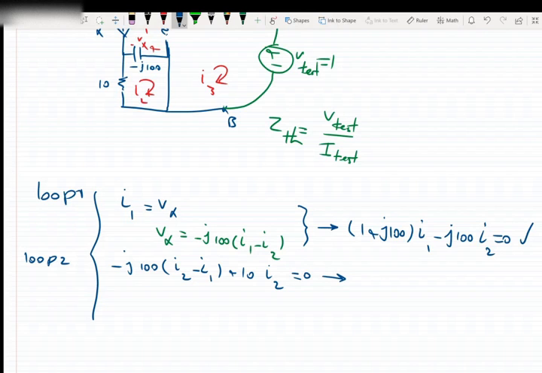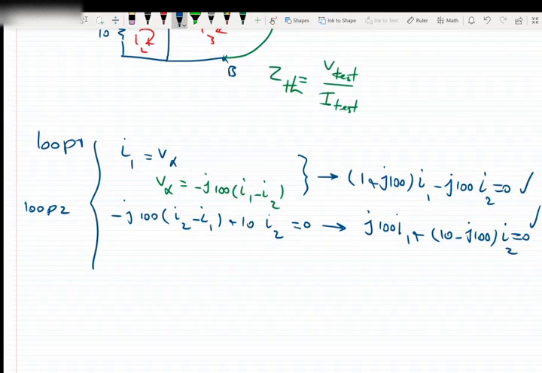If we factor out I1, I2, we will have J100 I1 plus 10 minus J100 I2 is equal to 0. This one is the second equation.